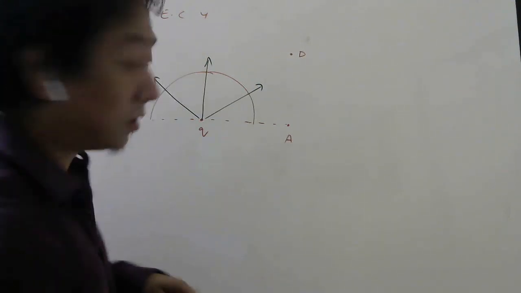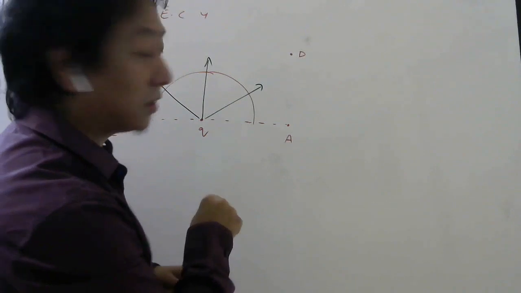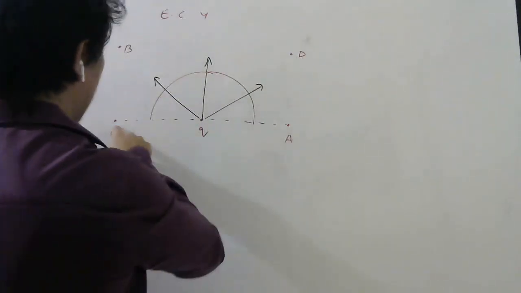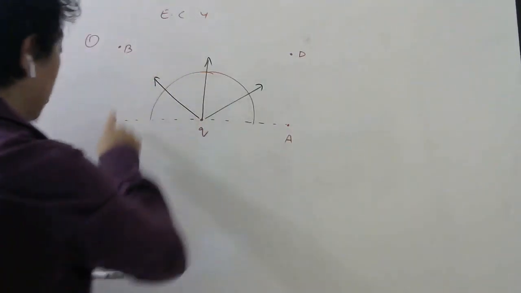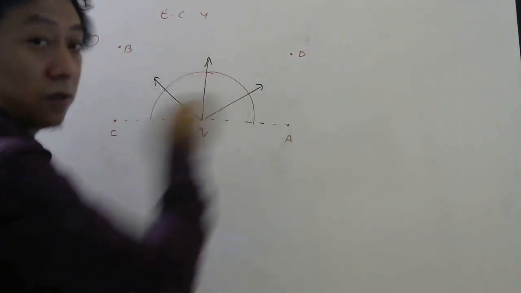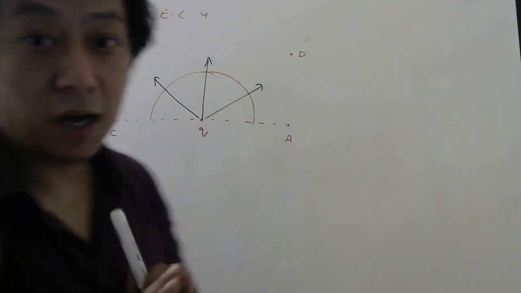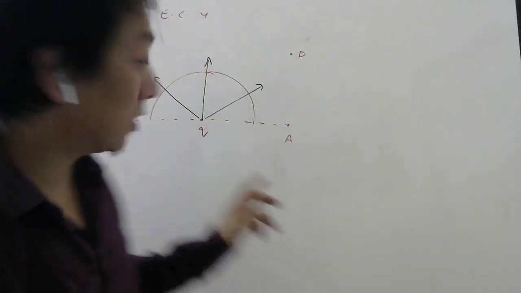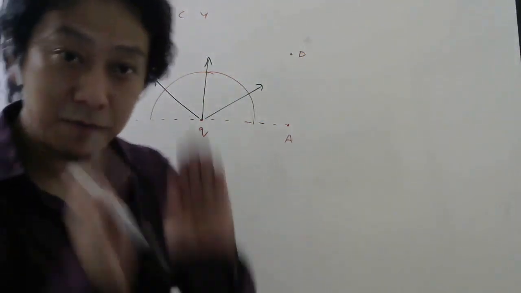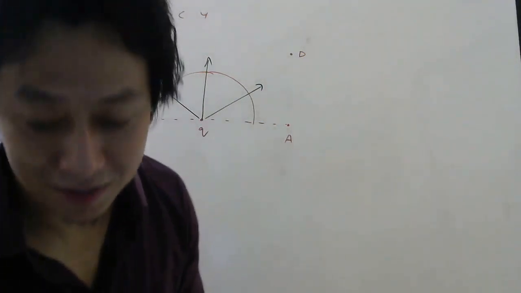Now the question is, if you put another charge, where should you keep it, here or here or here or here, so that the flux through the hemisphere remains unchanged? Whatever flux was due to this Q, the same flux should remain even after putting the second charge.